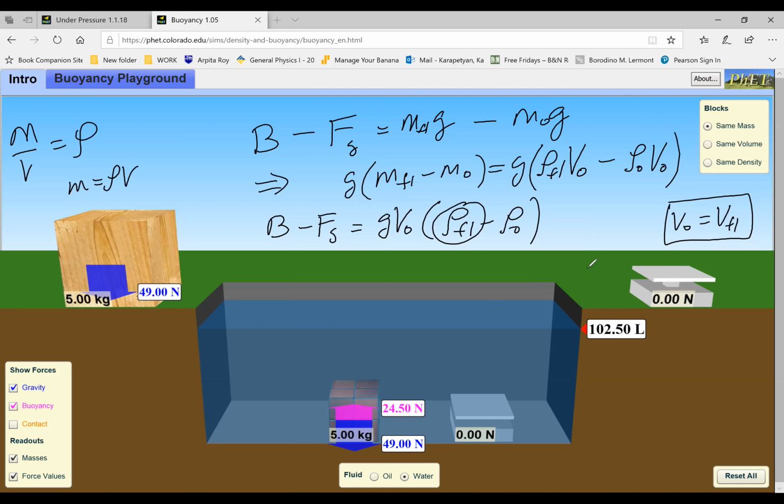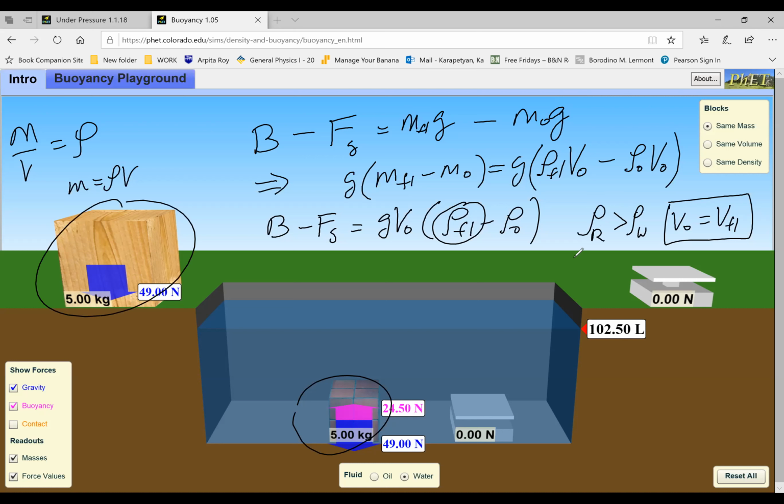So let's say this one here has a higher density because it's probably a rock. I think its density is several thousand, like 3, 4, 5,000 compared to 1,000 for water. That means density of rock is greater than density of water, so it sinks.